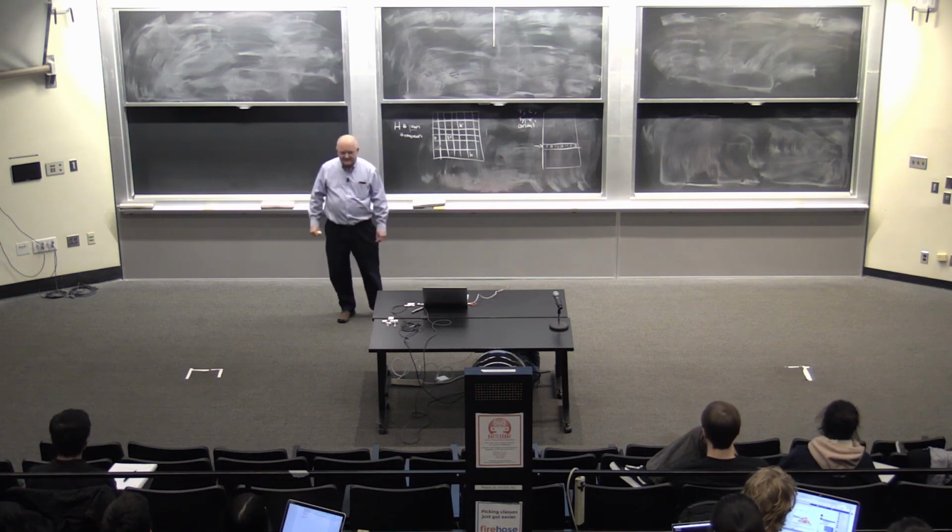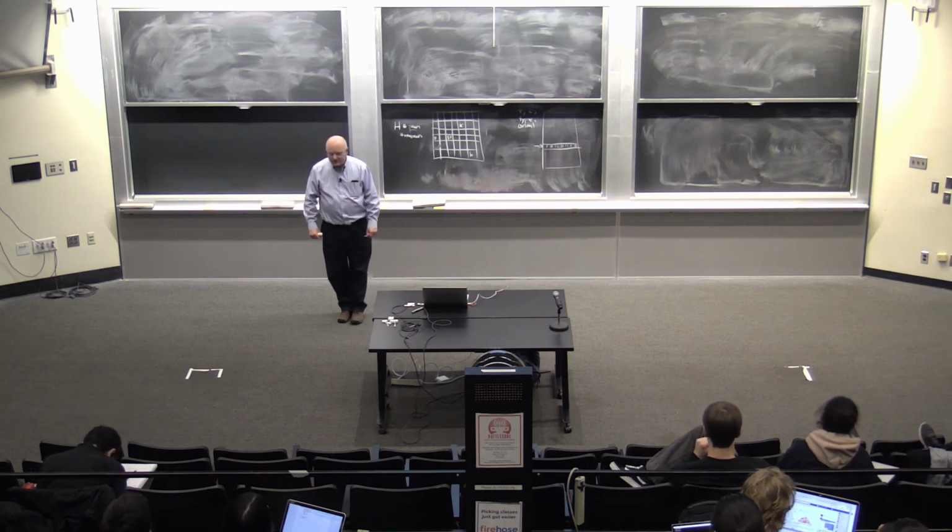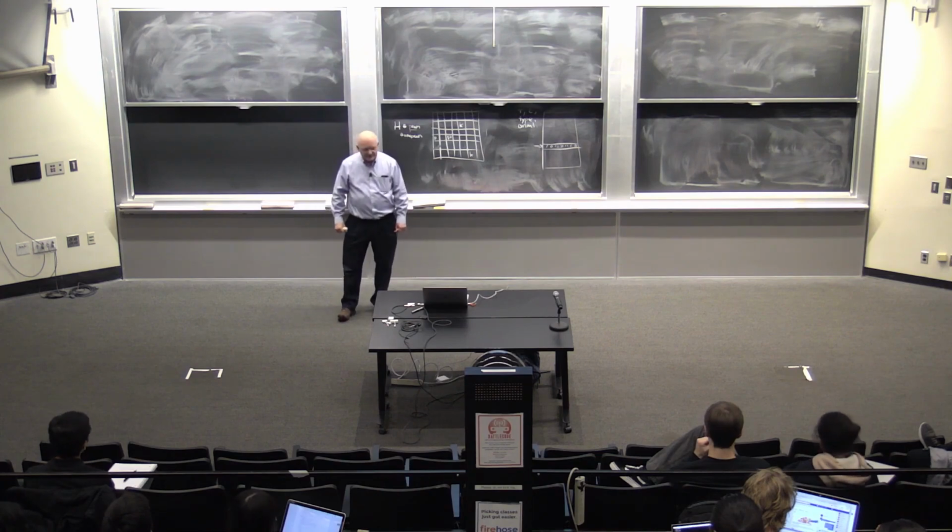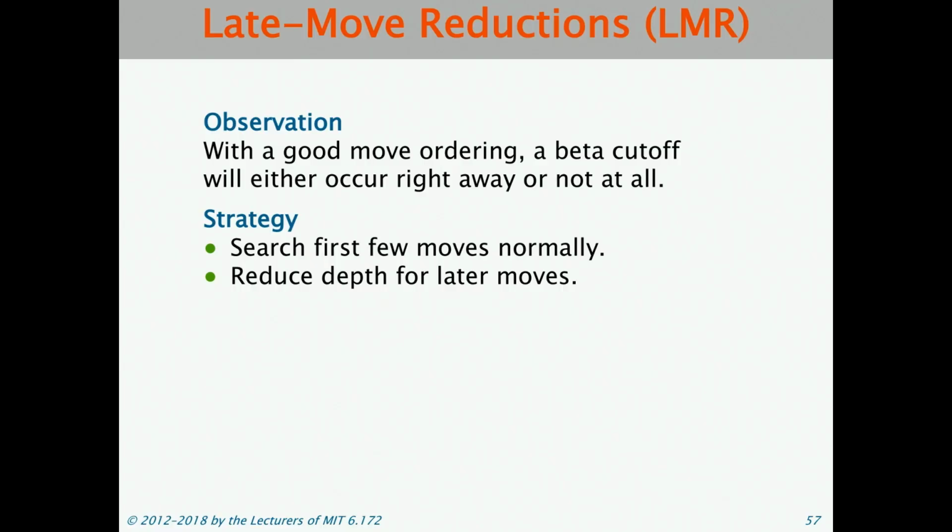So the idea is, which are the moves that are more important to search deeper? The ones near the beginning of your move list, if it's sorted in best first order, or the ones towards the end of your move list? So where is it most important to search deeply? For things that you think are possibly the best move, or the ones that you think are the worst moves?